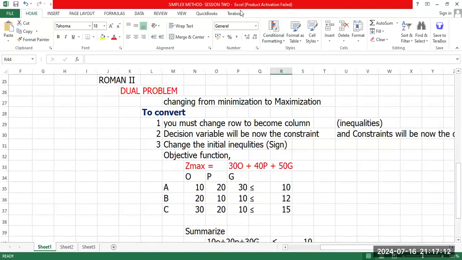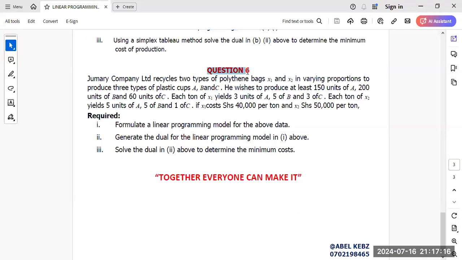So when you check the last question, this should be question 7. This was a typing error. Also, the first Roman is to formulate linear programming model. Then Roman 2, you generate dual. Then Roman 3, you solve dual. So it will be your assignment.